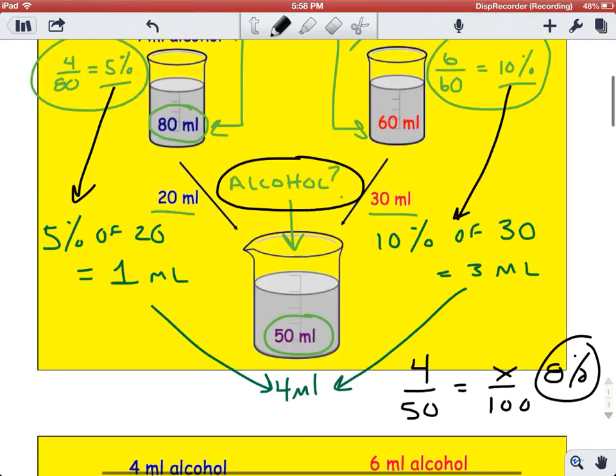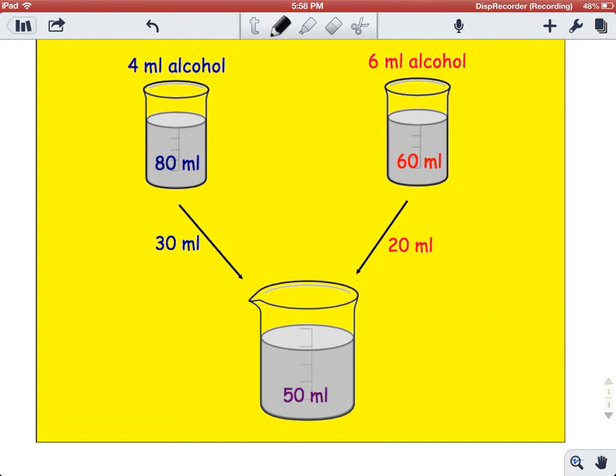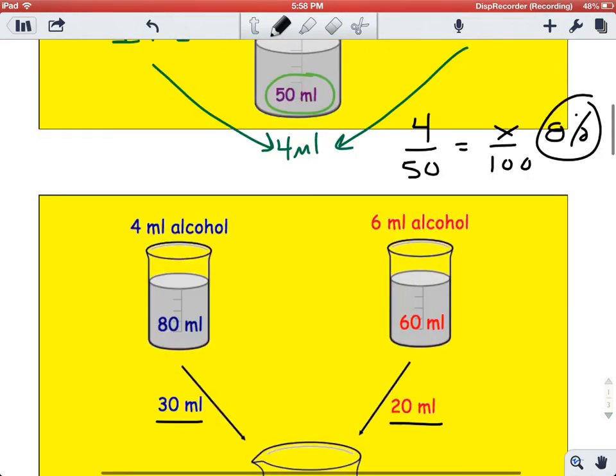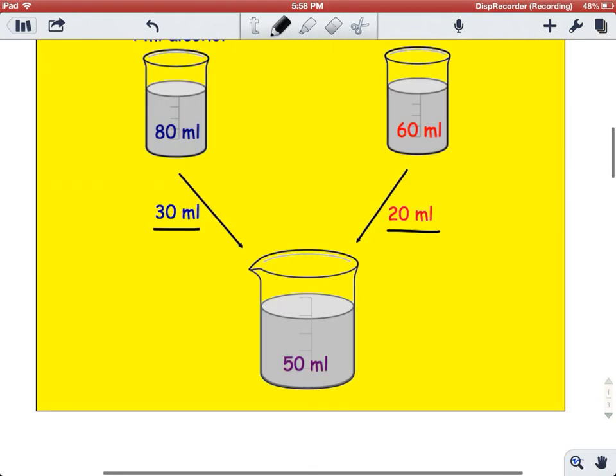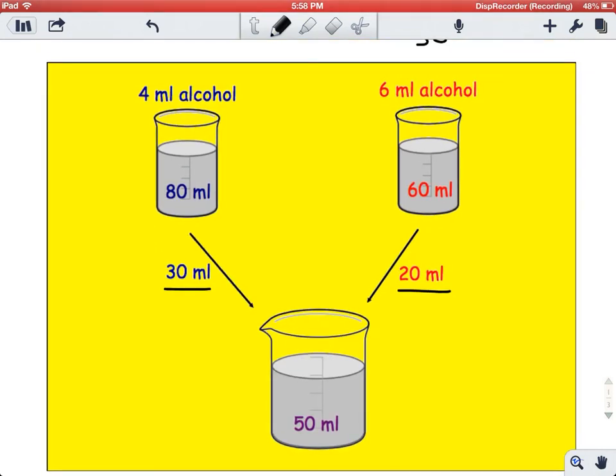So let's take a look at that one more time. All I'm going to do is change up the numbers. Notice this is 30 and this is 20 now, and before it was 20 and 30, right? So I'm just switching up the numbers. We still have a 5% concentration over here and a 10% concentration over here. So all I have to do now is 5% of 30, and that'll be 1.5 milliliters.